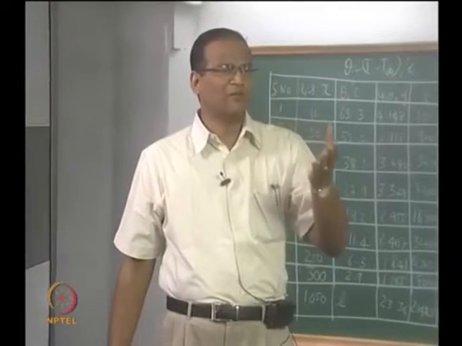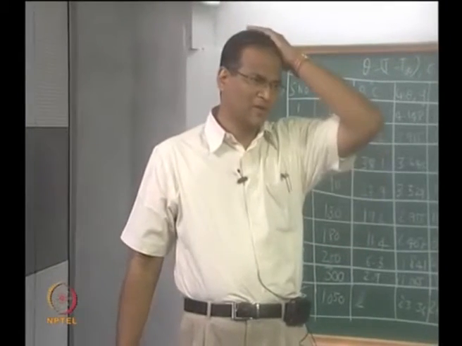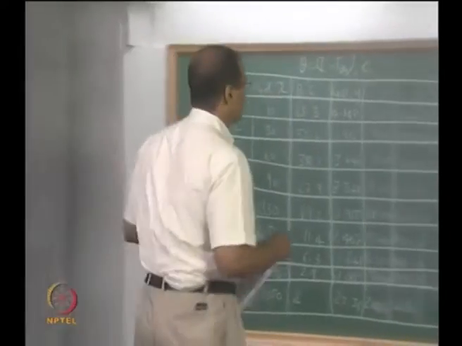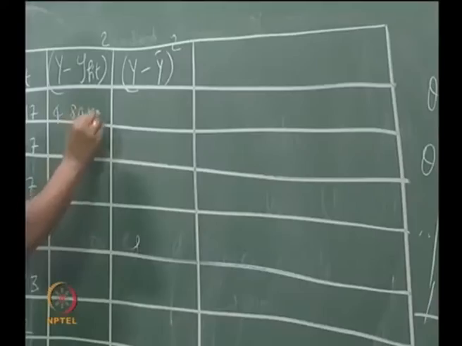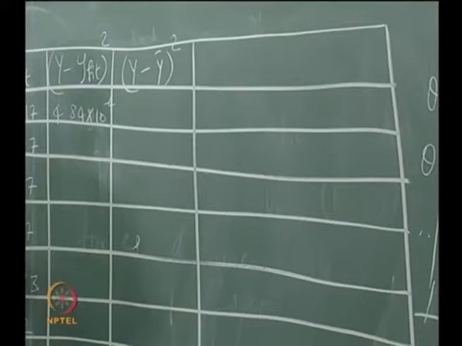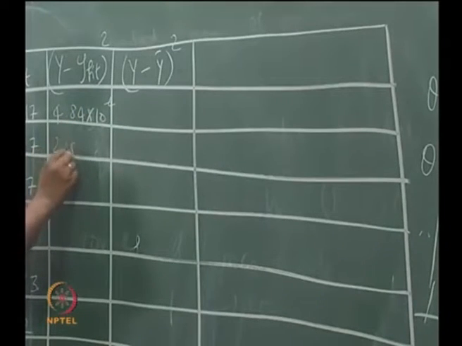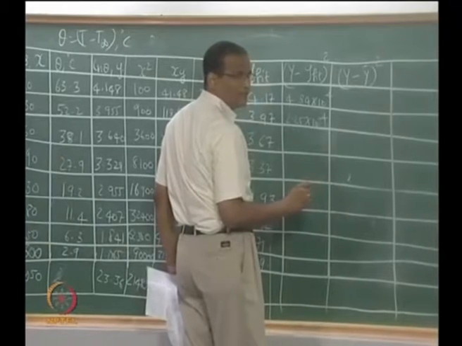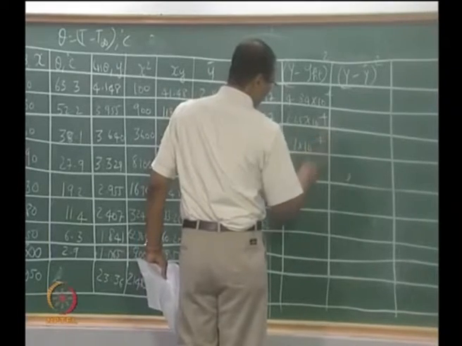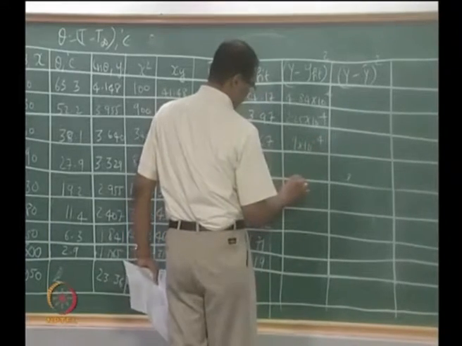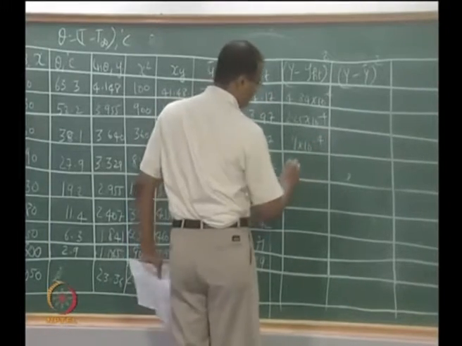Yeah, somebody can tell me, Vikram or... 4.84 into 10 minus 4, okay. 2.25 into 10 minus 4. 9 into 10 minus 4. 1.68 into 10 minus 3.